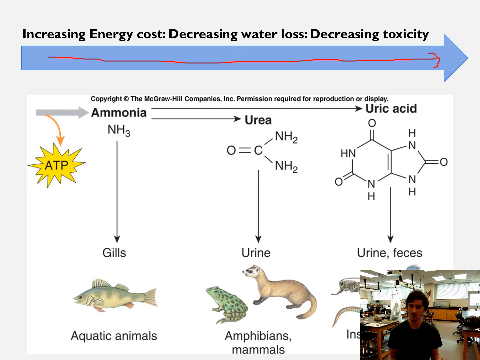It does lose a lot of water in the process, and it's highly toxic. When you have urea, it's moderately toxic, but you have less water loss, and it's really efficient in terms of energy cost. Then you have uric acid, and so that's the most expensive to make, but you're saving the most amount of water, and it's pretty much non-toxic.